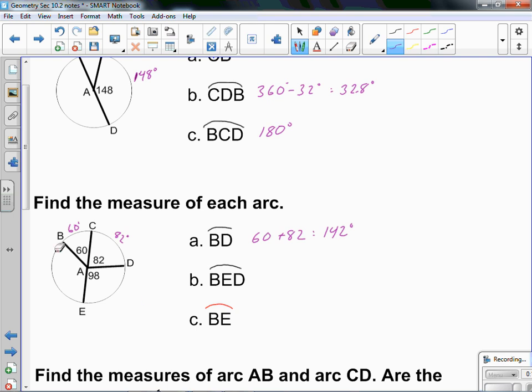And then we've got arc BED, which is everything except for BD, right? We just figured out BD is 142. So BED is going to be 360 minus 142, which should be 218.